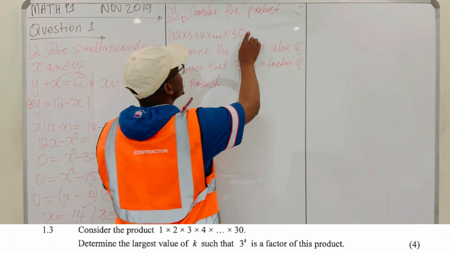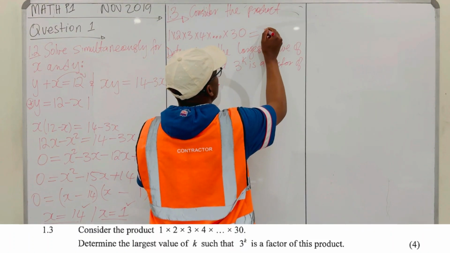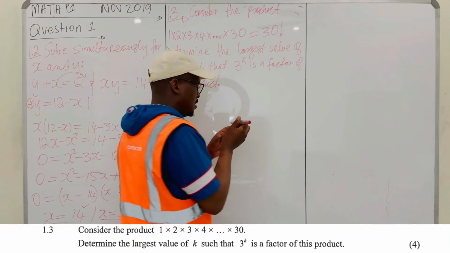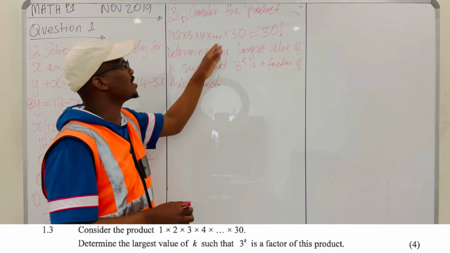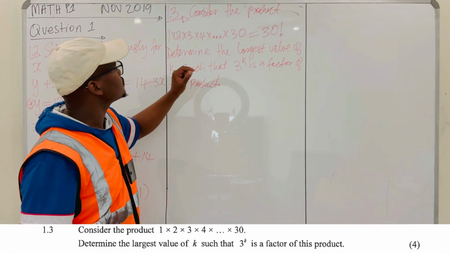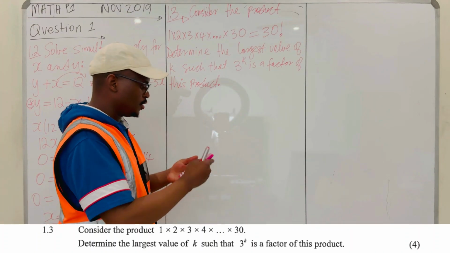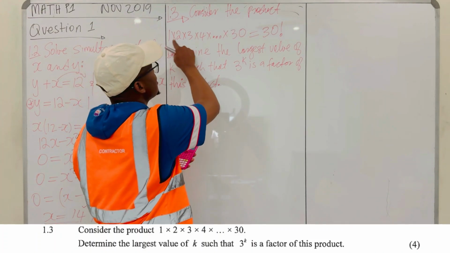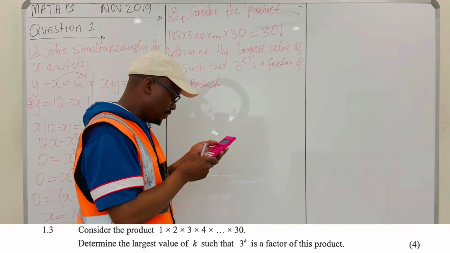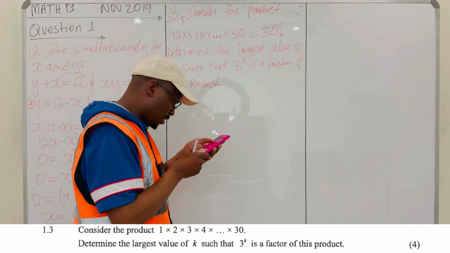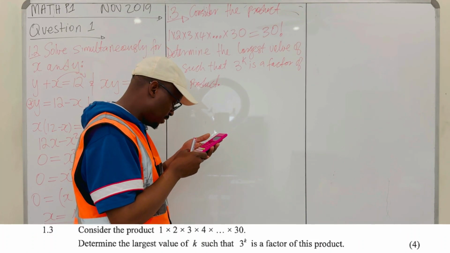So there will be an answer to this, which I think will be equal to 30 factorial. You don't have to mind that, just focus on this. So if you can find your 30 factorial, which is the same as this, how do you even punch a factorial here?